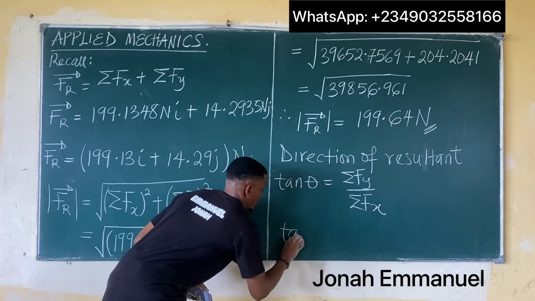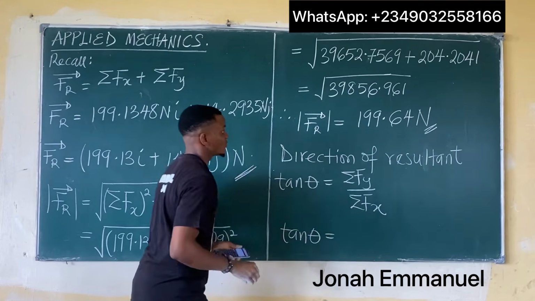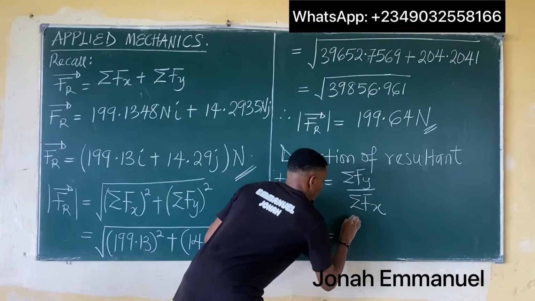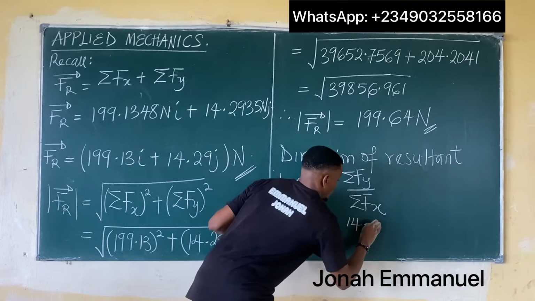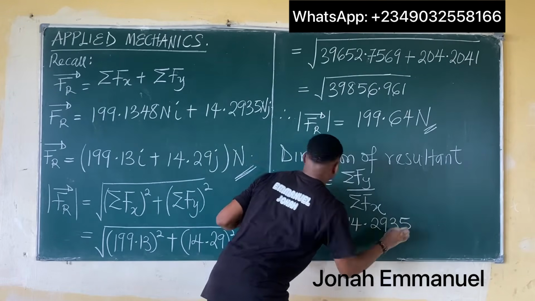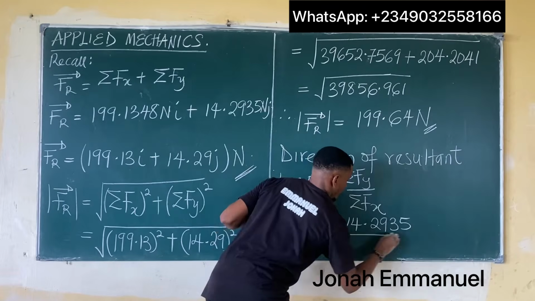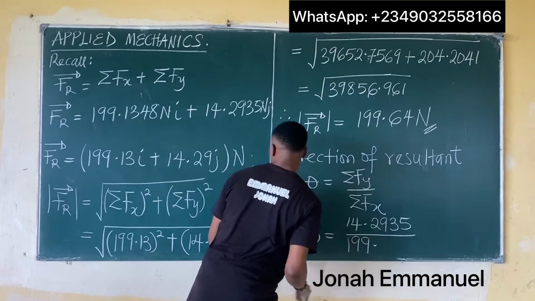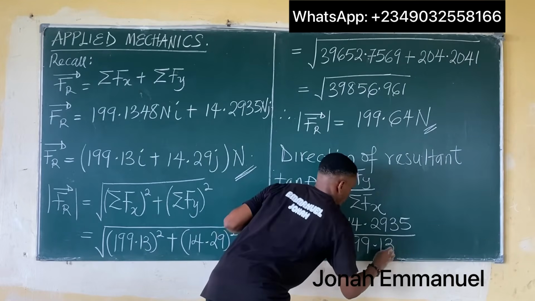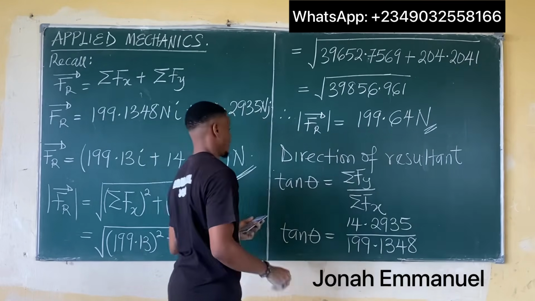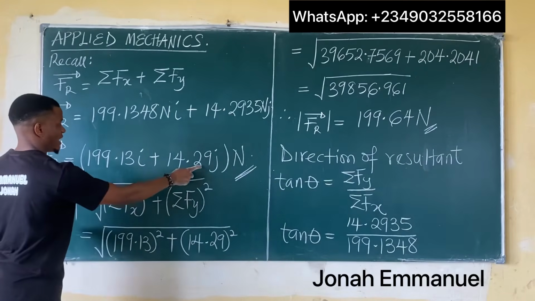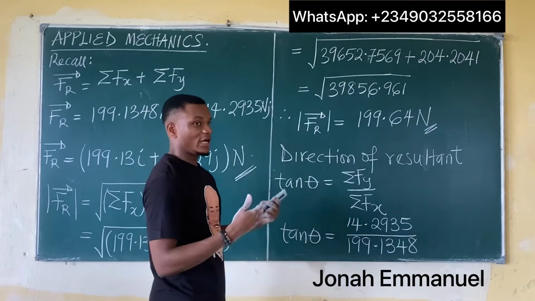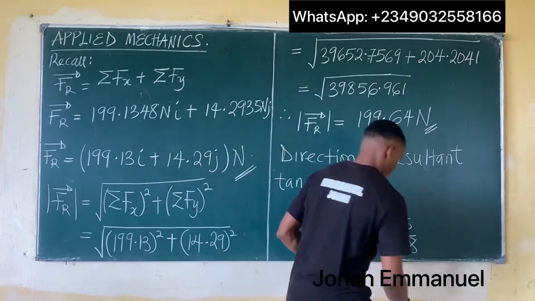So tan theta is equal to sigma Fy, that's 14.2935, all over 199.1348. If you want to, you can see the approximated value. You have approximately the same answer.